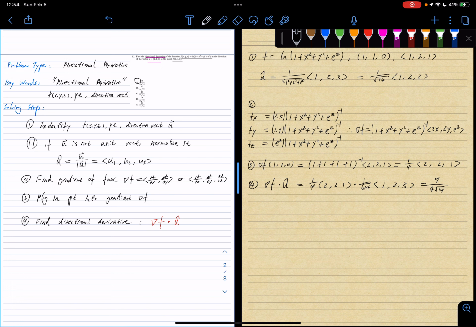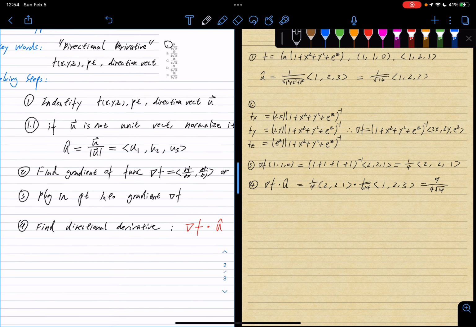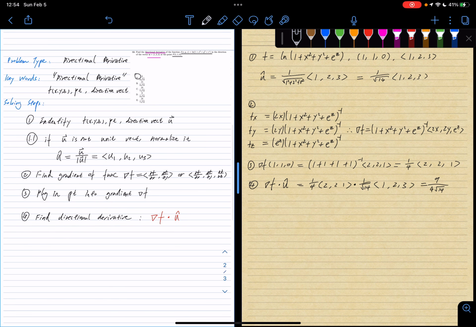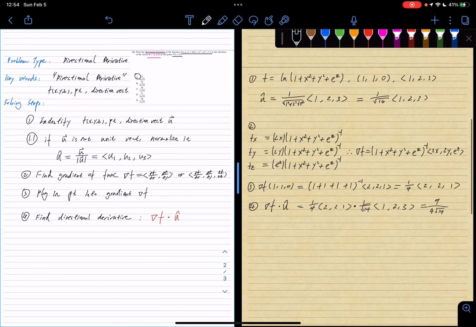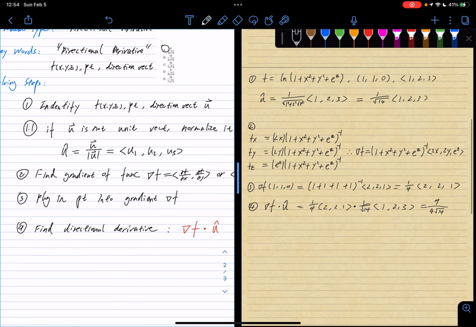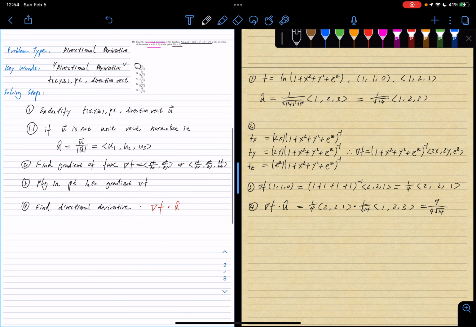The process that I have shown you on the left is much more important than what I have shown you on the right, because these processes you can apply to any problems of the same type.